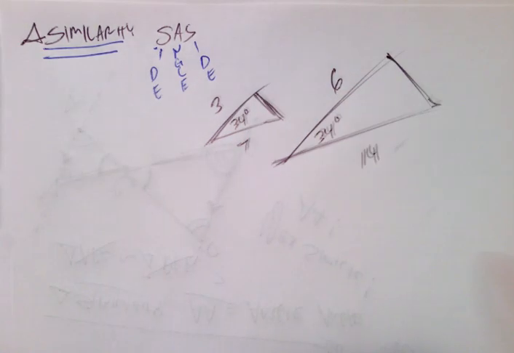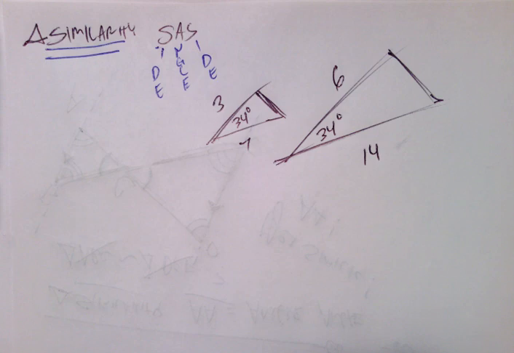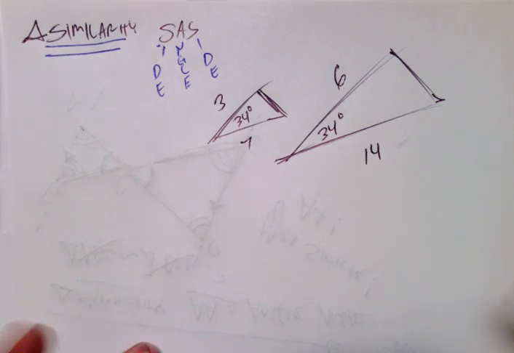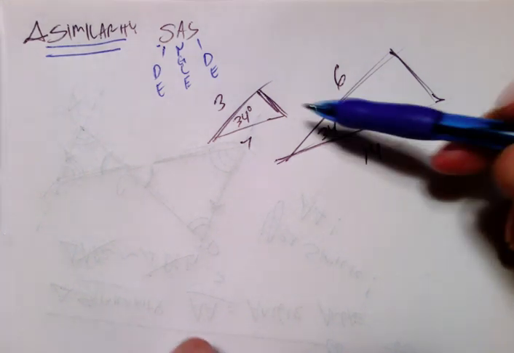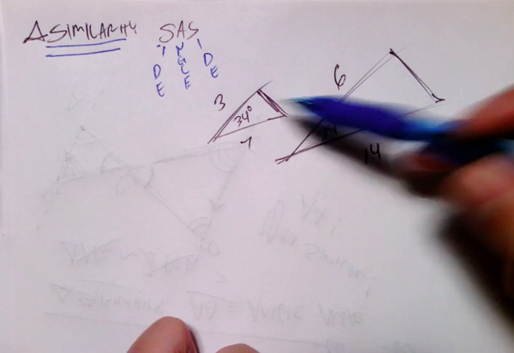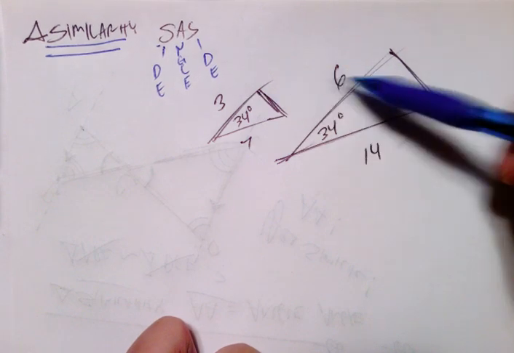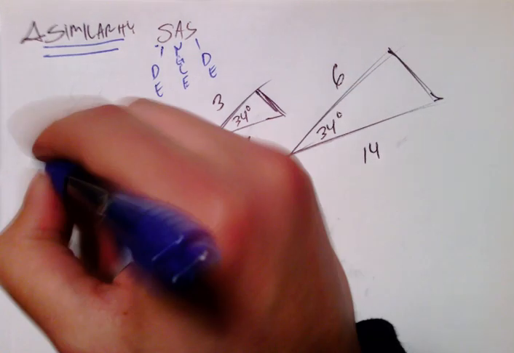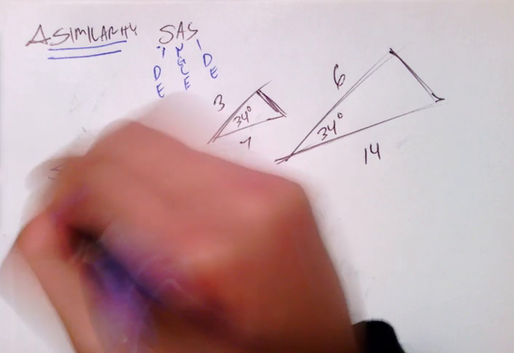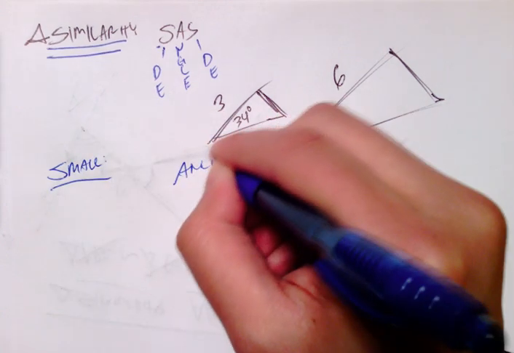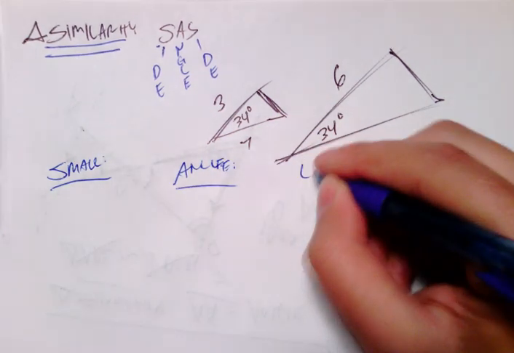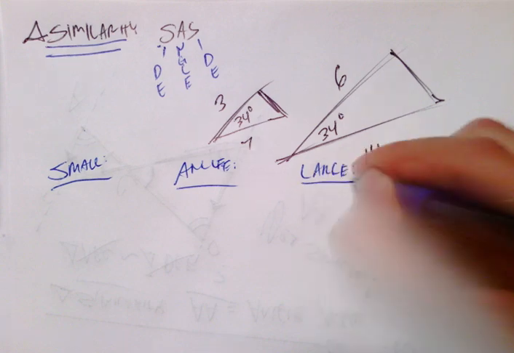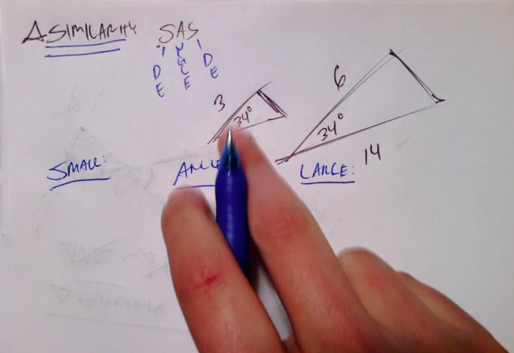So they're going to ask you to show if those triangles are similar, and this is how you're going to do this. We have the matching side. It's like a sandwich. The interior or included angle is the sandwich meat on both of these, okay? And then we have the other sides right here. So what I like to do is write small, angle, large.